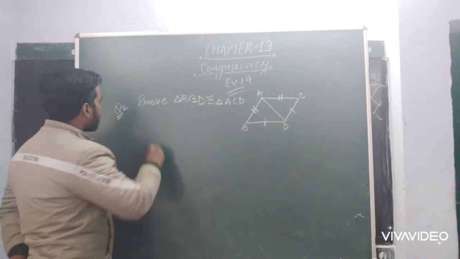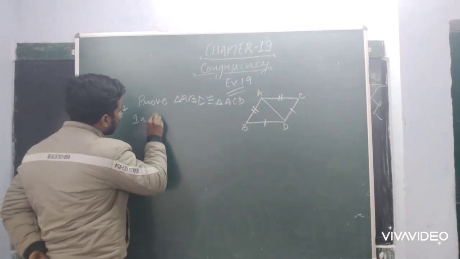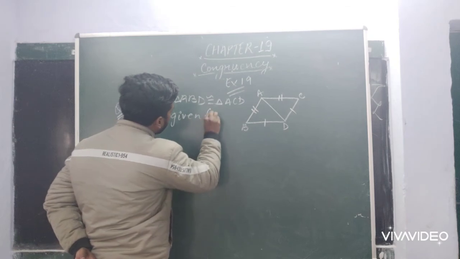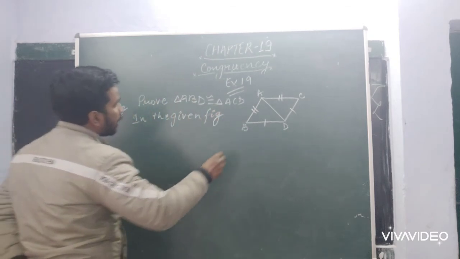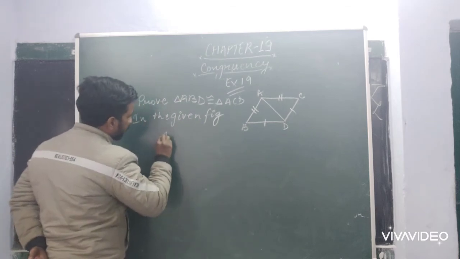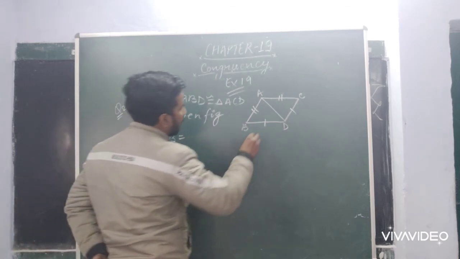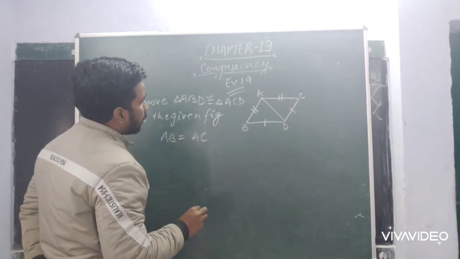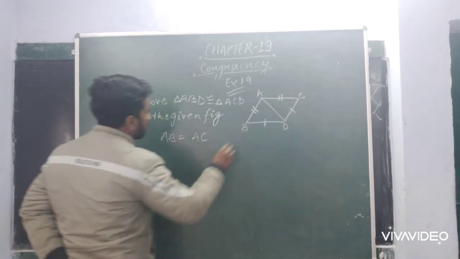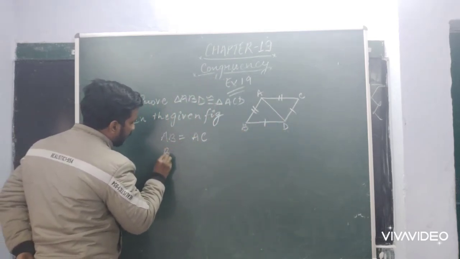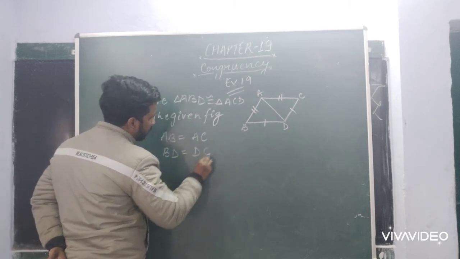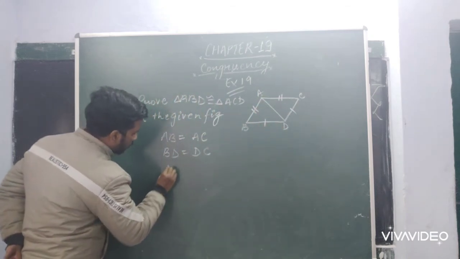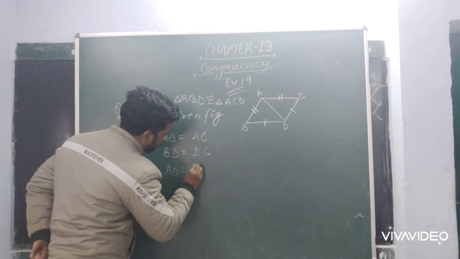So let's start. In the given figure, side AB is equal to side AC. Okay, then side BD is equal to BC, and AD is common in both triangles, so AD will be equal to AD.